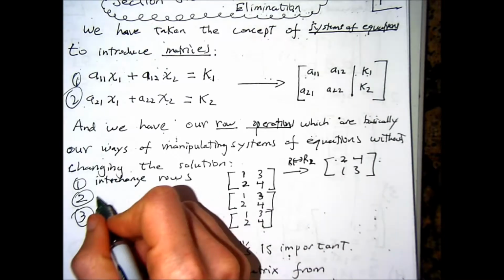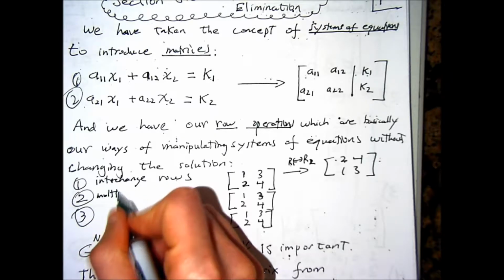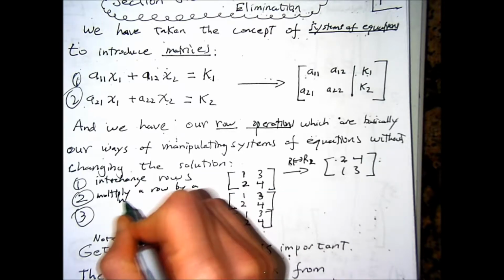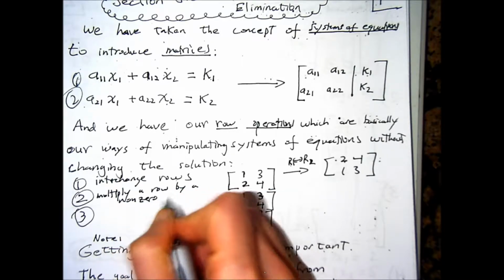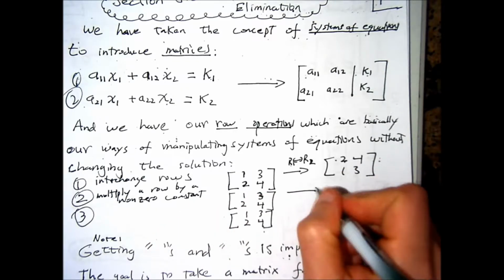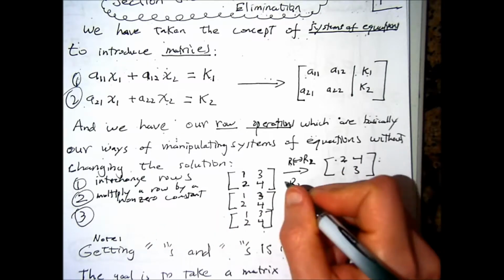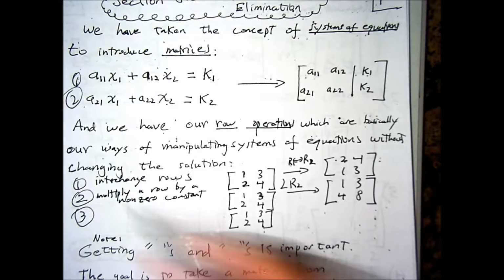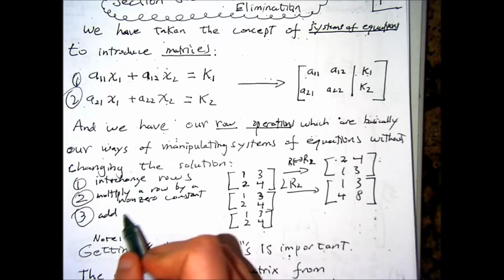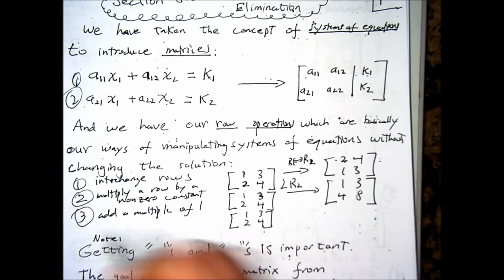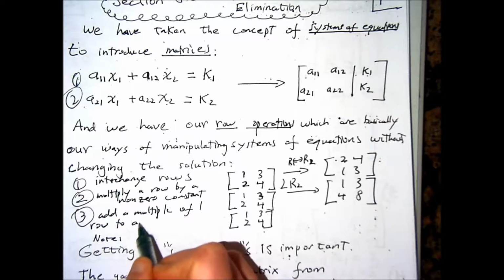We can multiply a row by a non-zero constant. So let's say row 2, I multiply it by 2. Then this becomes 1, 3, 4, 8. And then I can add a multiple of one row to any other.